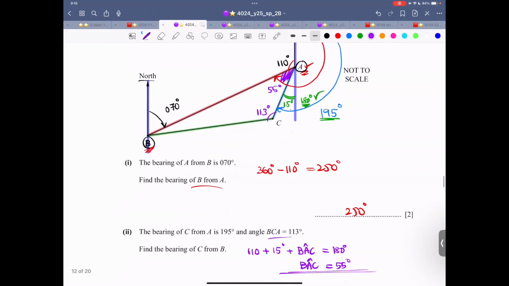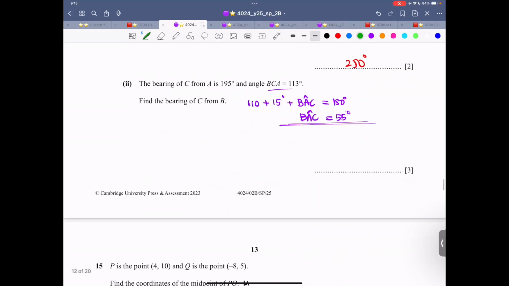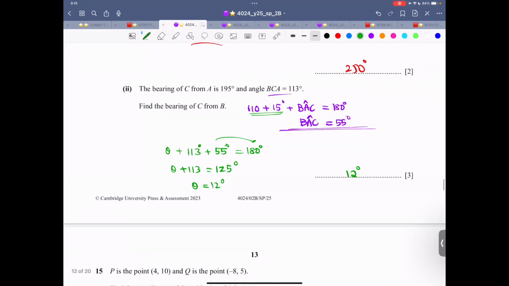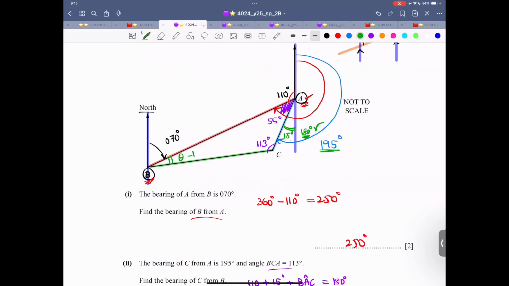So now I'm interested in finding the small angle. Let's call it theta. So therefore, theta plus 113 plus 55 equals 180. And this is theta plus 113 as I'm treating it like a paper one question. That is 125 degrees because 180 minus 55 is this thing. And therefore, theta is 12 degrees. That is the small angle over here.